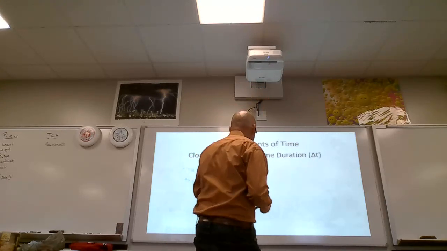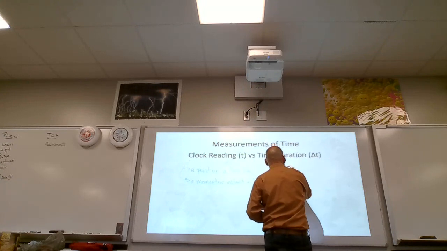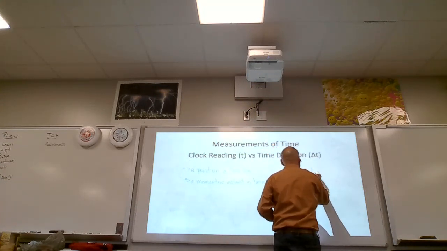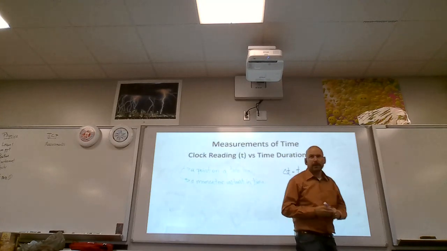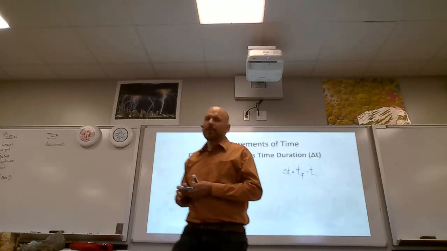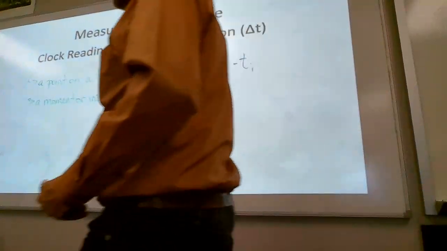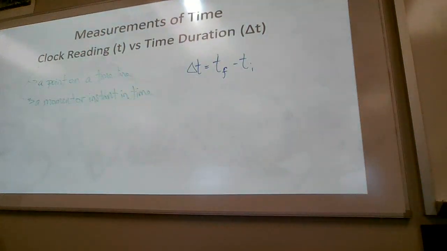Now, a time duration. This is a change in clock reading. So in a story problem, they're usually talking about a time duration. Like they ran for 2 hours, or they drove for whatever, or how long did you go driving? That's talking about a time duration.